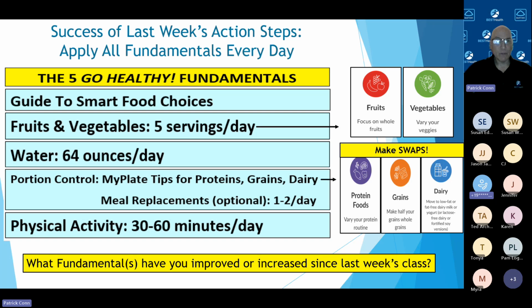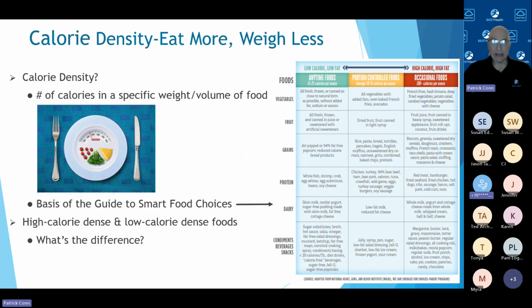All right, then. Well, we will go ahead and move on to your topic of the day, which is calorie density. Calorie density. And you'll see what it means by where it says eat more, weigh less. Now, calorie density.